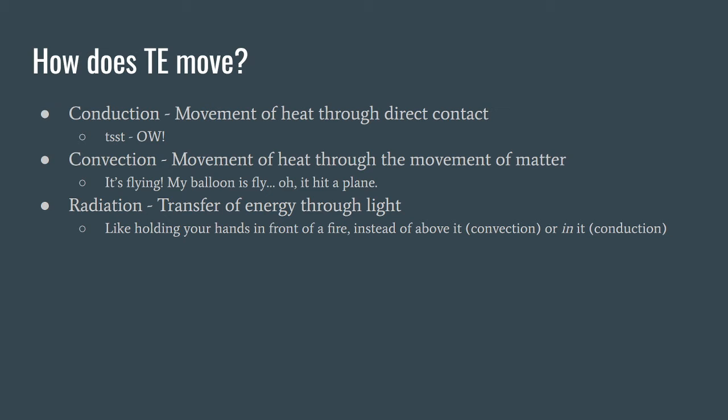That's because there's a lot of radiant energy, light coming off of that fire. Okay? Above it would be convection. In it would be conduction. So those are 3 different ways for thermal energy to be transferred from one place to another. For the purposes of this class, what we'll mostly be dealing with is going to be conduction when we do calorimetry.